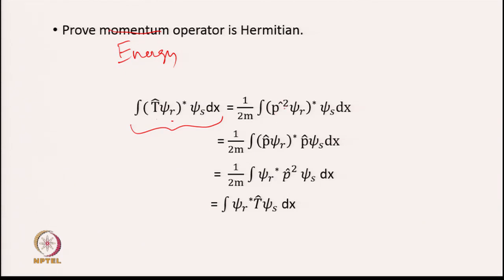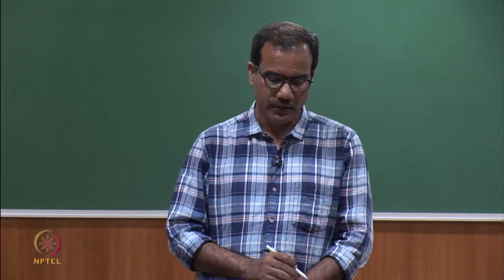So you can simply write p squared by 2m, psi r star psi s dx. For the first operator you get 1 by 2m, p psi r star, p psi s dx, and then when you do the second operator, you get this thing, and that tells you that your energy operator is also a Hermitian operator.